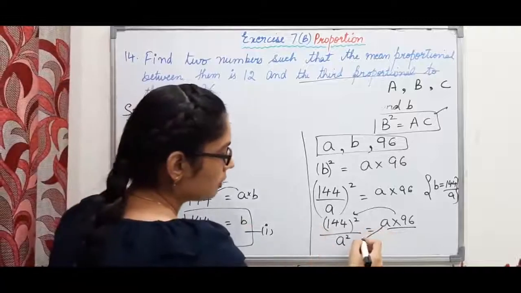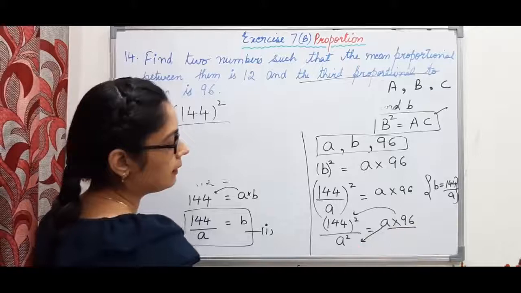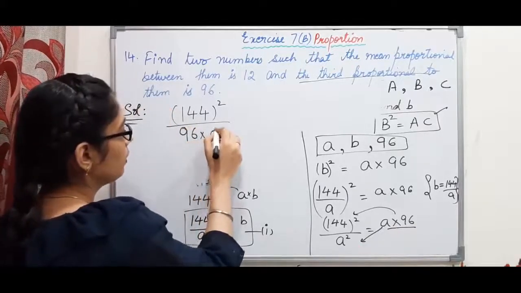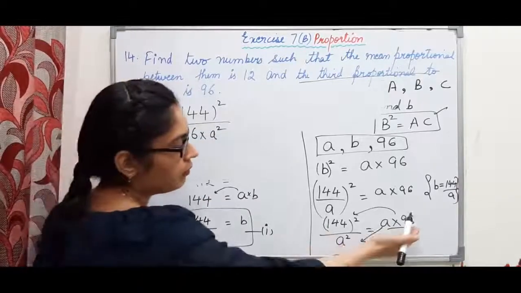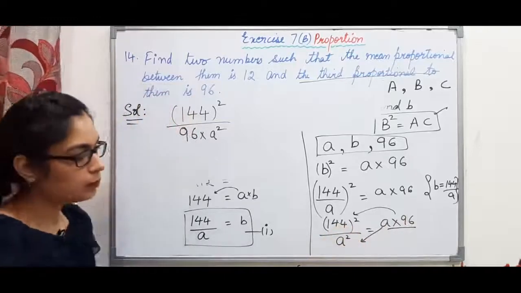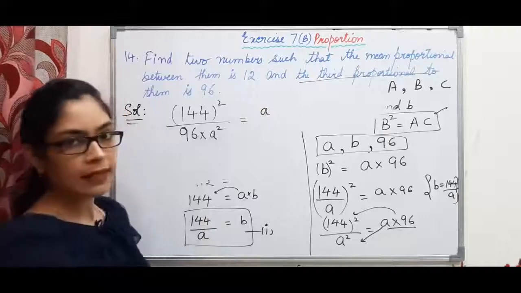So it will come here with 144 and get divided. Here it is getting multiplied, so it will become 96 into A square, because here A square is already there. So when we shift 96 to this side, it gets divided by 144, but multiplied by A square is equal to A. Now only A is there.